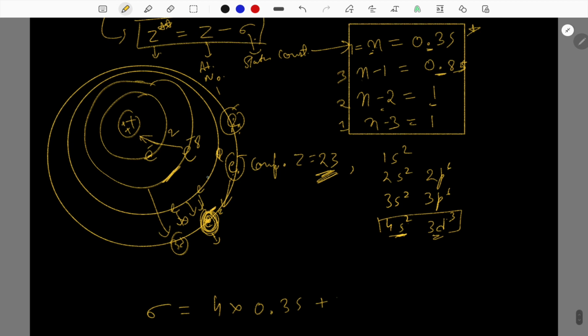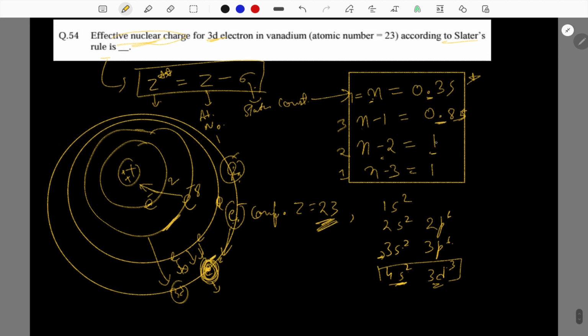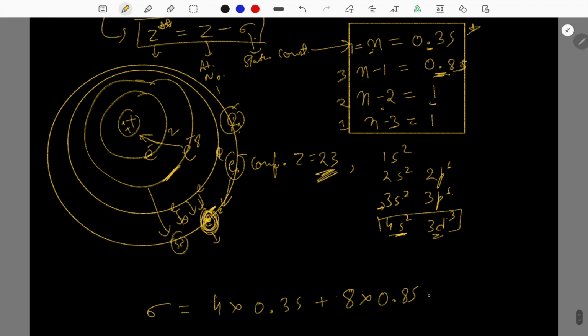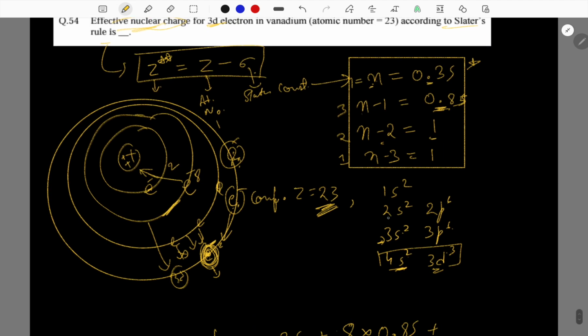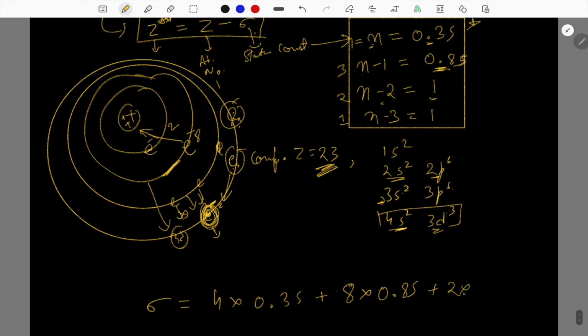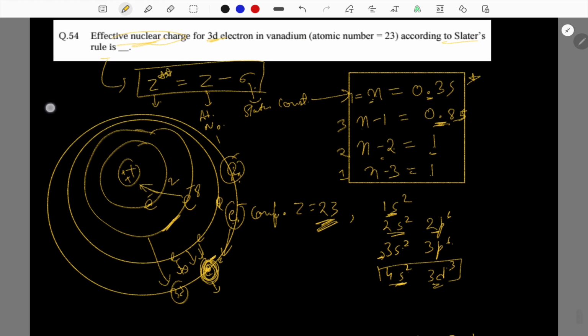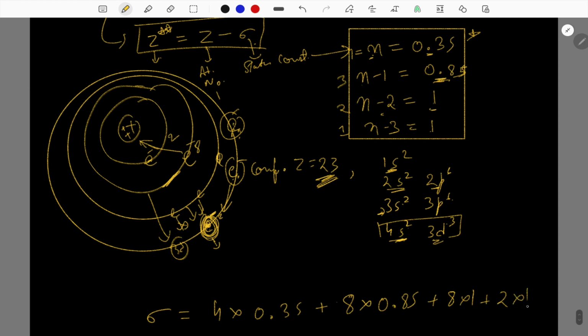For the n minus 1 shell, the 3s and 3p shell, we have 2 plus 6, 8 electrons, so 8 into 0.85. Plus we have 8 electrons in the second shell, so 8 into 1, and 2 electrons in the 1s shell, so plus 2 into 1.